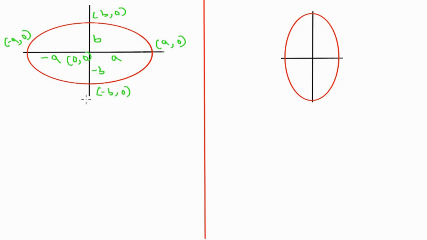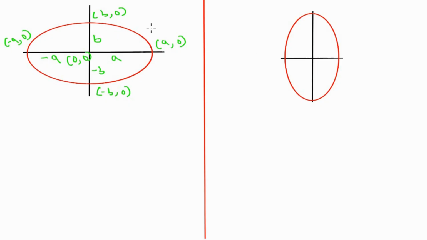Now, each of these coordinates is categorized under some categories. There's something called vertices. That's the plural of the word vertex. A vertex is a point where two lines meet. Now, the ellipse is in red color, and the Cartesian plane is in black color.